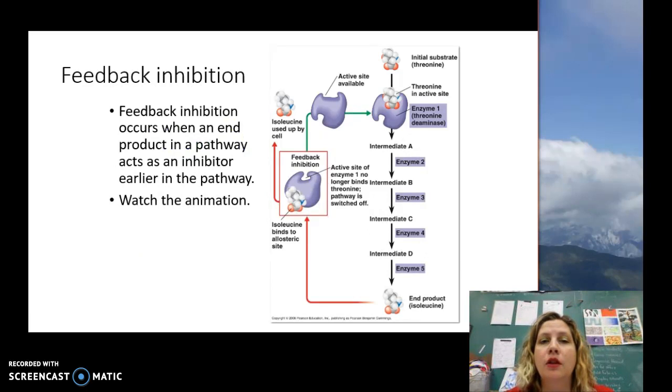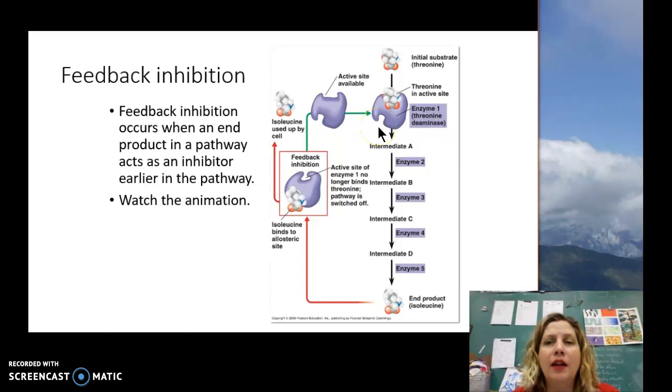Okay, feedback inhibition. Feedback inhibition occurs when an end product in the pathway acts as an inhibitor earlier in the pathway. So this is very useful in living systems. And there's an example of this here, but really, if you want to get a better understanding, watch the animation. Okay, so here's enzyme 1.